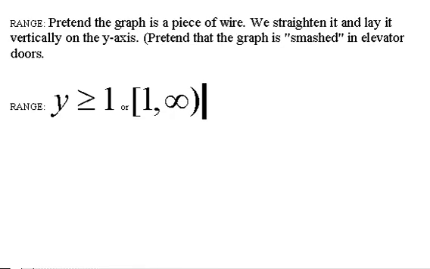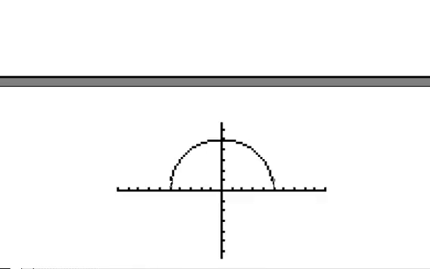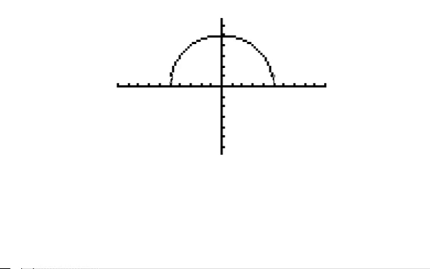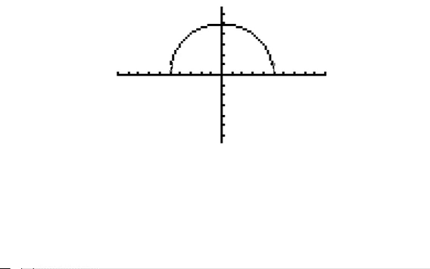All right, let's see if we can do that with this example. If you take this graph and lay it flat on the x-axis so that all these points are coming down, there's not going to be anything over here, and there's not going to be anything over here.